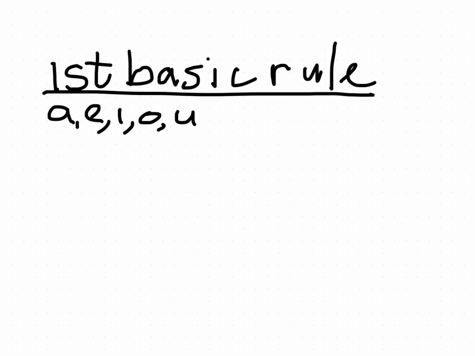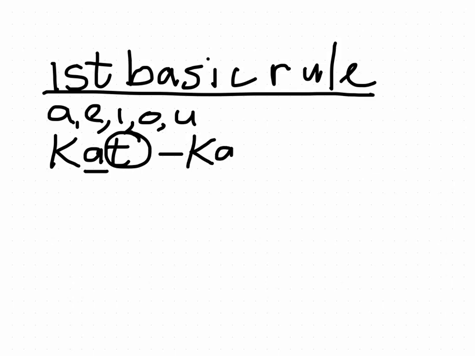So for example, if we have a short emphasized vowel in a word like kat, it's a short sound. That's why we say short emphasized vowel. What we do is we take the consonant, remember all the letters of the alphabet except these 5, which are called vowels, those are called consonants. We double the consonant, so it's katte.